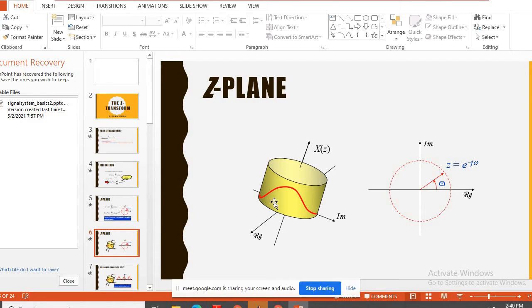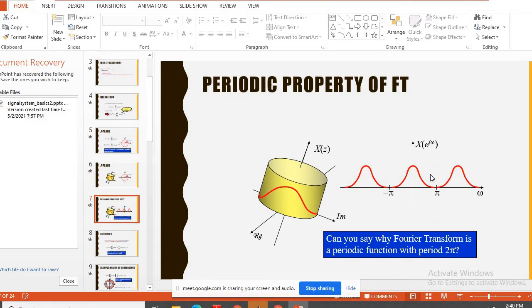So this is your Z plane, and this is a kind of vector movement or displacement which is taking place. It is associated with periodicity because it goes up and down, up and down. It is a periodic function, isn't it? Because it is going to repeat itself. It is not going to be too random.